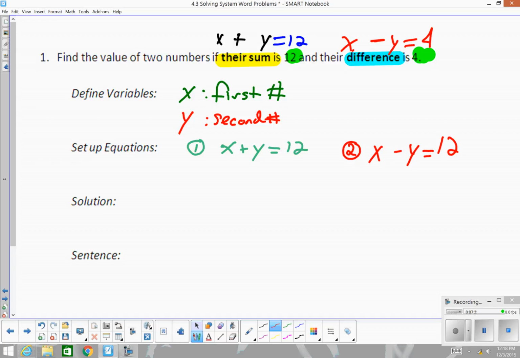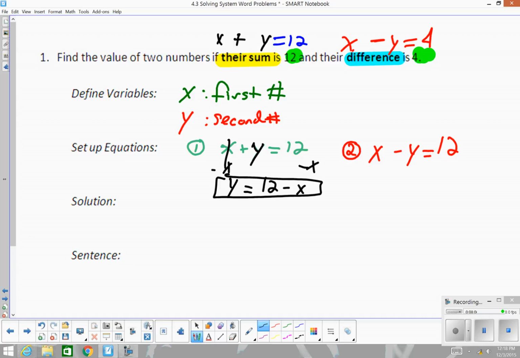So if I have x plus y equals 12, I want to solve that for y. In this case, I have y right here. The only other thing is my x on that side. How am I going to get rid of that? I'm going to subtract both sides by x. I'm going to have y equals 12 minus x. So that's one equation I'm going to go ahead and graph.